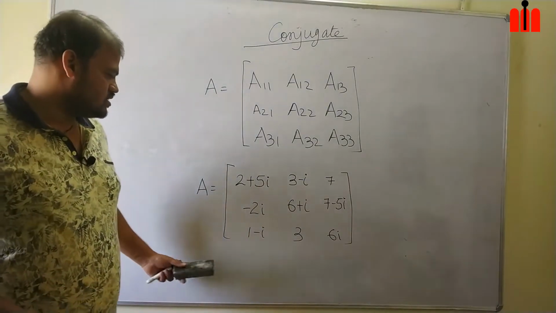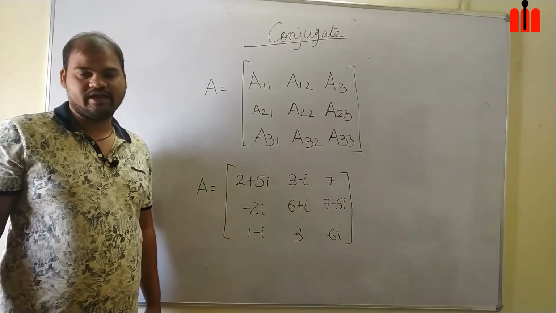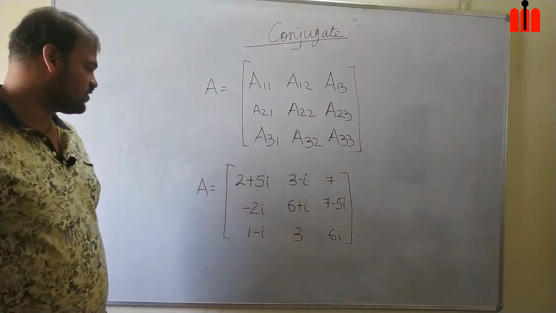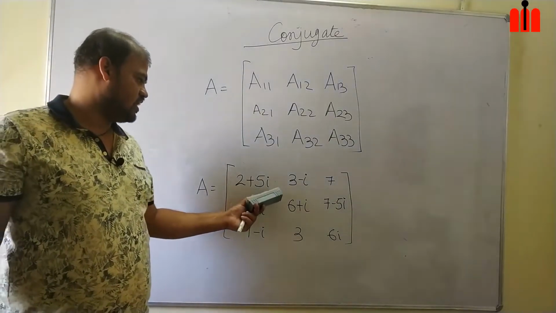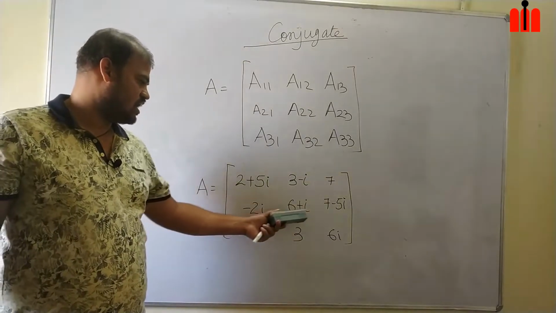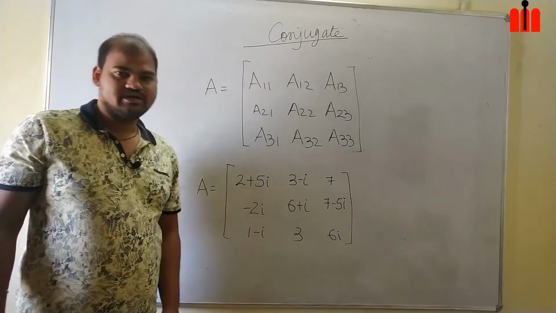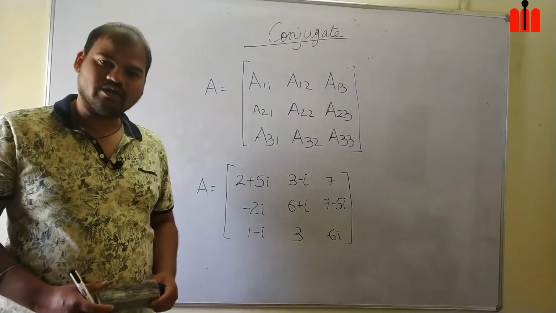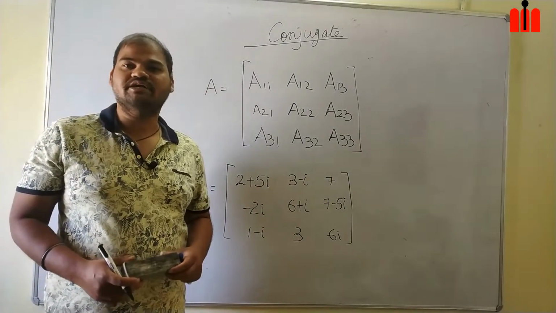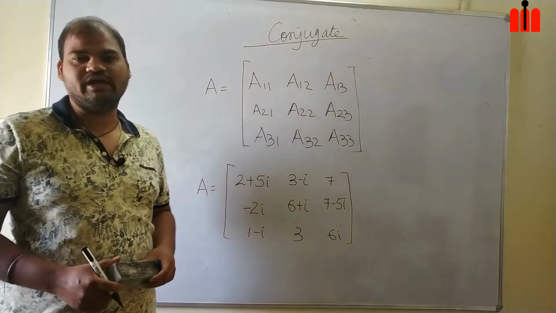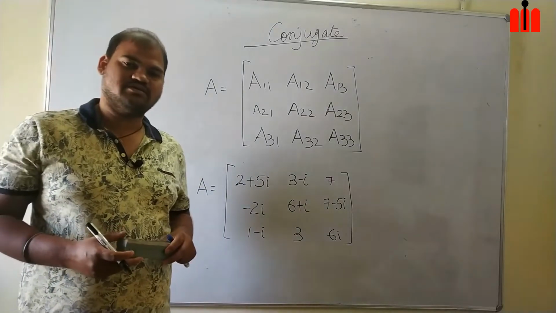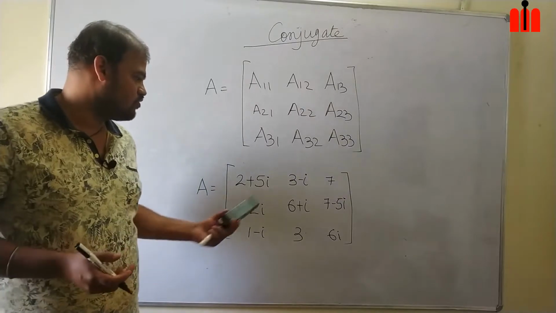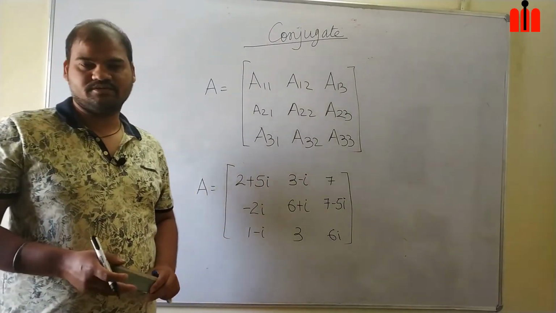This is my example. Here you can see there are symbols of i. This symbol is nothing but an imaginary number. To understand what an imaginary number is, please visit my complex number videos, and you will be able to find out.